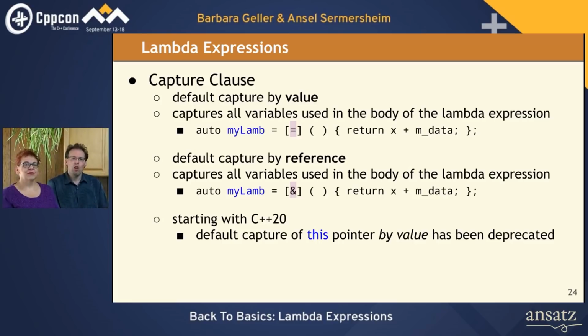Then later on, when you call the closure object, we call that invoking the Lambda expression. And it's important to keep in mind what happens at each of those phases. The evaluation of the Lambda expression does all the captures. The invocation of the Lambda expression runs the body. Great question, thank you.